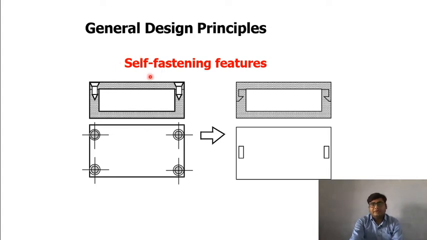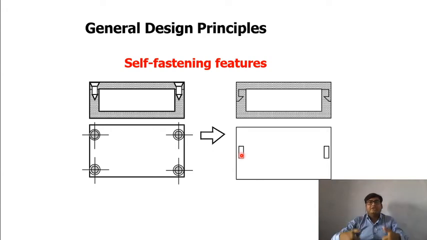So one is self fastening features. We have seen that we try to avoid threaded fasteners as much as possible. So instead of threaded fasteners, what can we use? Instead of these threaded fasteners, we can use this type of clips which fasten by themselves.